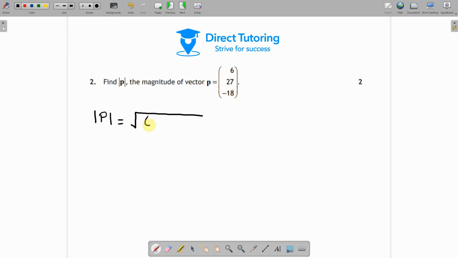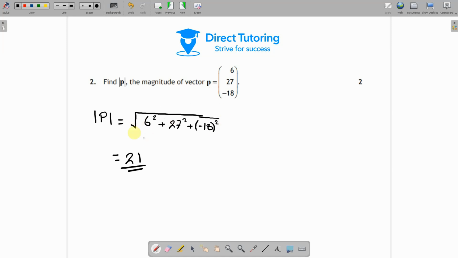So it's going to be 6 squared plus 27 squared plus, and then minus 18 squared. Now, if you pop that into the calculator, you will get a value of 21. And that is simply the magnitude of this vector p.